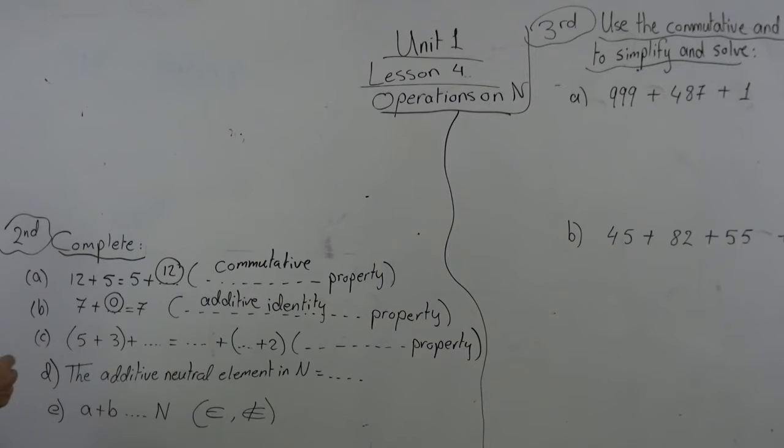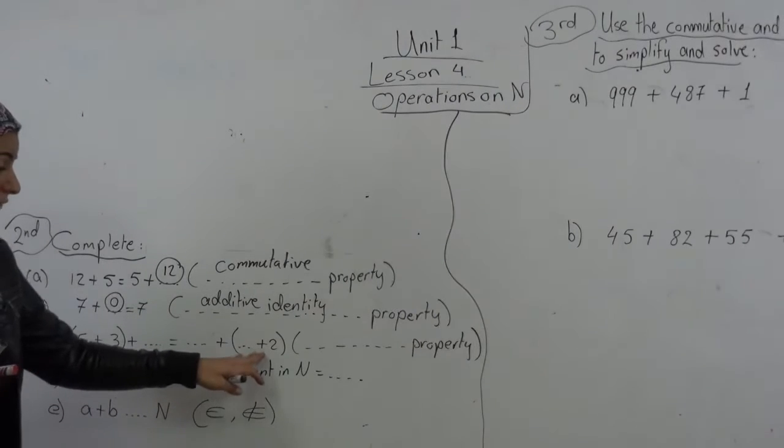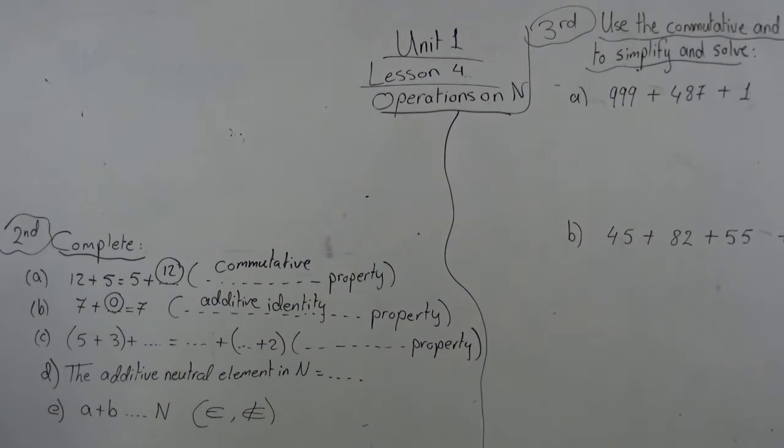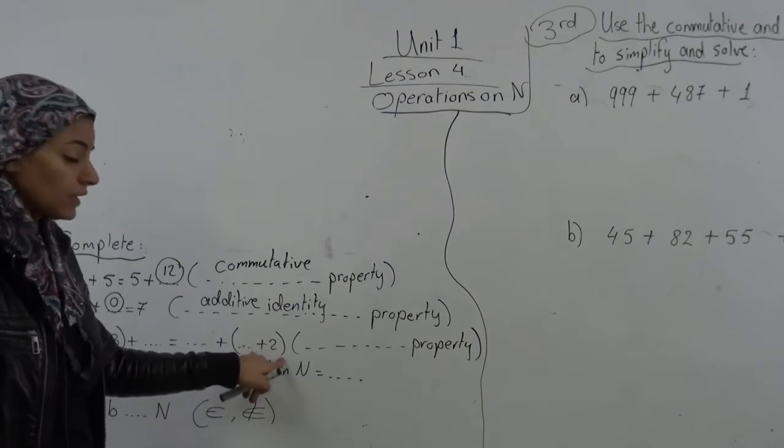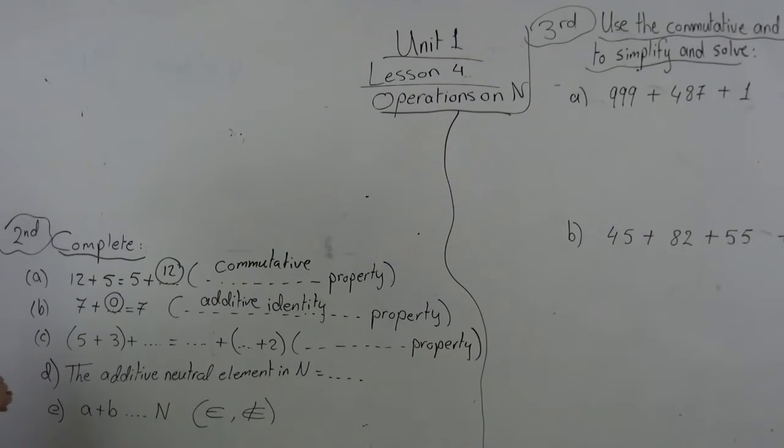Number C, brackets 5 plus 3, plus what, is equal to what, plus brackets having something plus 2. The only time we used brackets until now is the associative property. And as we see, the brackets are moving. They were between the first two numbers before the equal, and after the equal they are between the second two numbers. So until now it is easy because we didn't take any brackets. So to bring this number or this number, what shall I do?